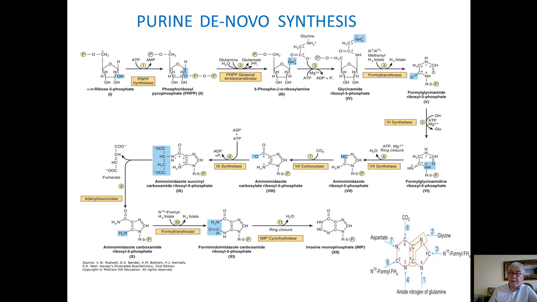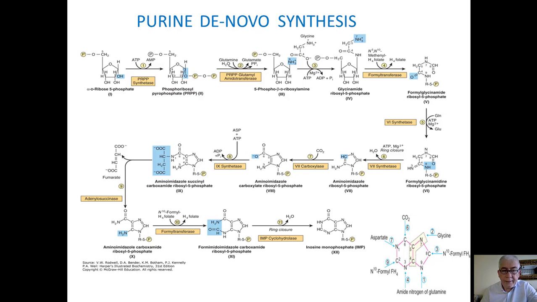After that glutamine enters the reaction again and gives the third nitrogen atom of the ring system, and then we close the ring and produce the amido-imidazole ring system. After that, carbon dioxide enters the reaction and gives carbon 6 of the purine ring system.